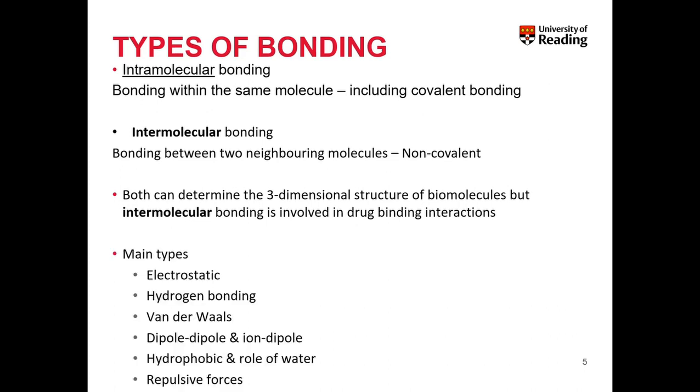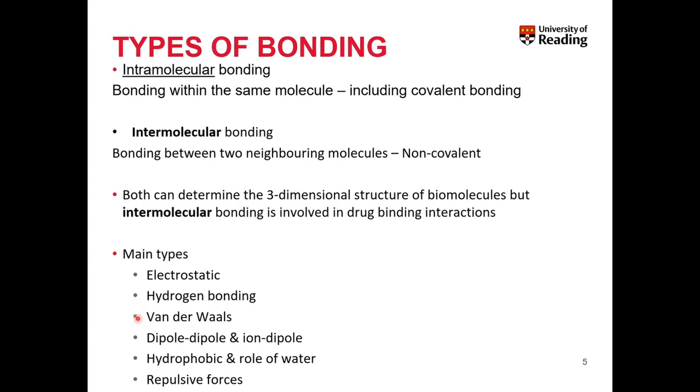Now there are several key types of bonding interactions. These include electrostatic interactions, which are interactions between groups that have opposite charges. So one group has a positive charge and the other has a negative. We have hydrogen bonding, which is present when we have both a hydrogen bond donor and acceptor group.